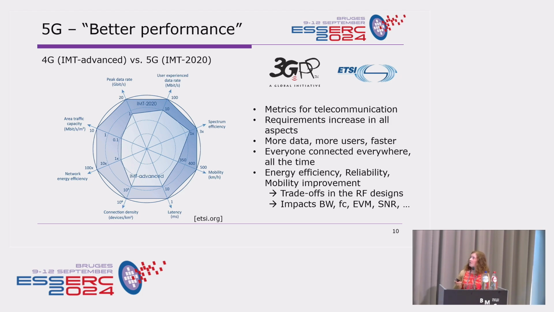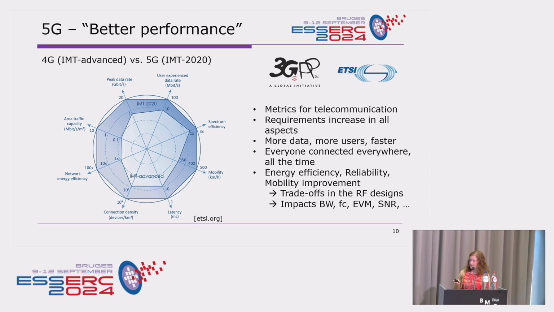So in some previous slides of my colleagues, you already saw this ETSI. What you also can see a lot is 3GPP. These are instances who set actually what we want from requirements and what are the surroundings of how our communication is working.